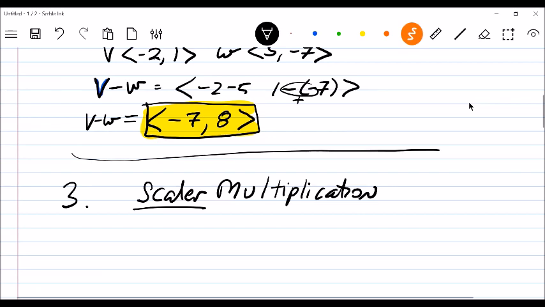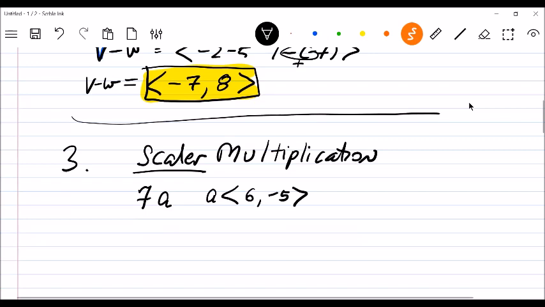So I'm going to take the number 7a, when a is the vector 6, -5. What we do with 7a is we do 7 times that vector. So think of it as 7 and then 6, -5, even though we don't write it that way.